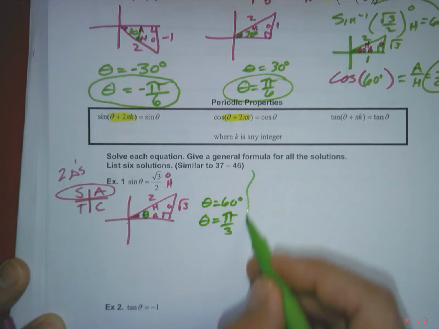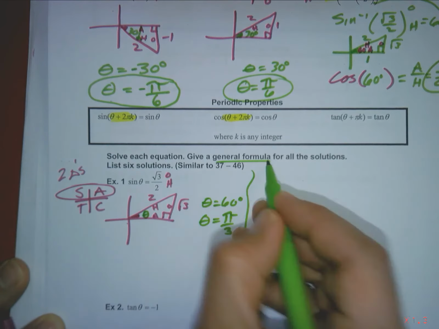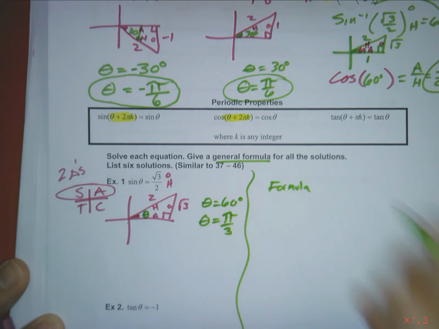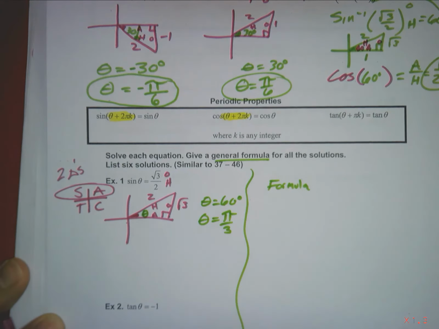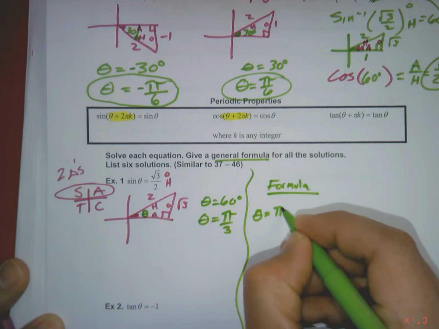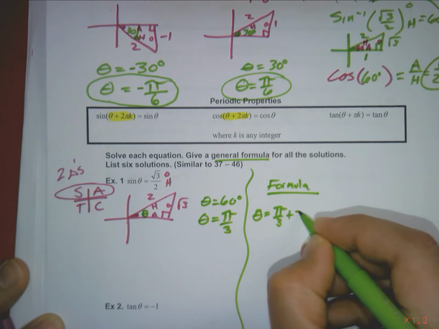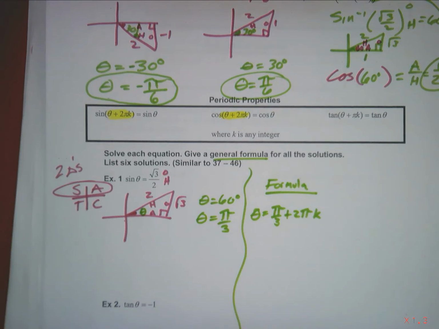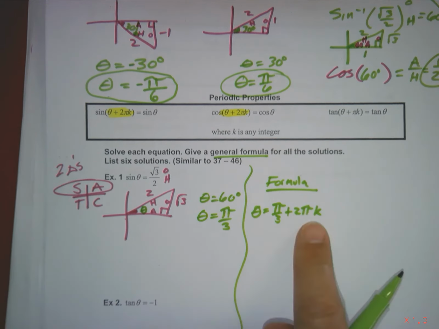They're asking us to come up with a general formula to produce multiple solutions. The formula is going to be that solution and then add multiples of 2 pi, so this is where I get 2 pi k.